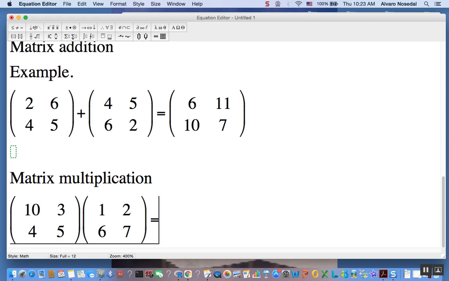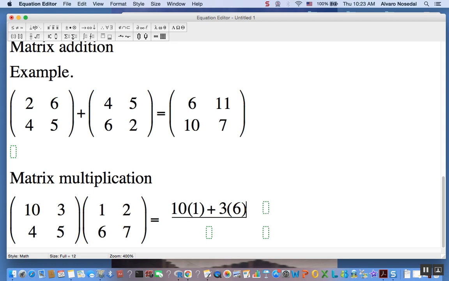Let's try and do this multiplication by hand first. For the first element, it would be first row times first column. So that would be 10 times 1 plus 3 times 6. Make sense? And that would be 10 plus 18, 28, right?